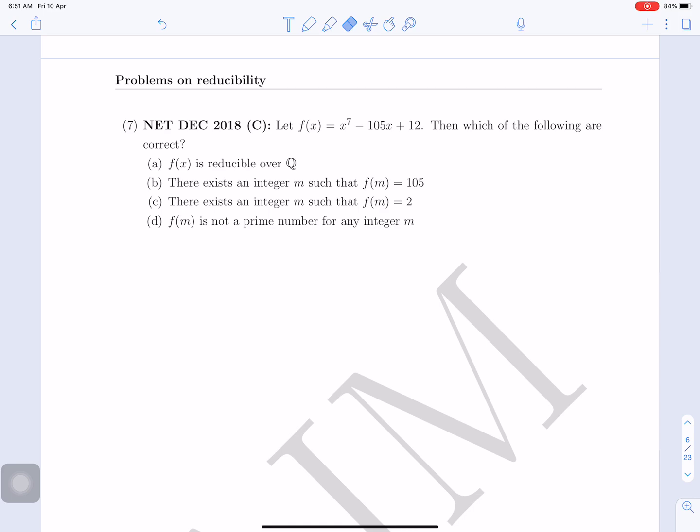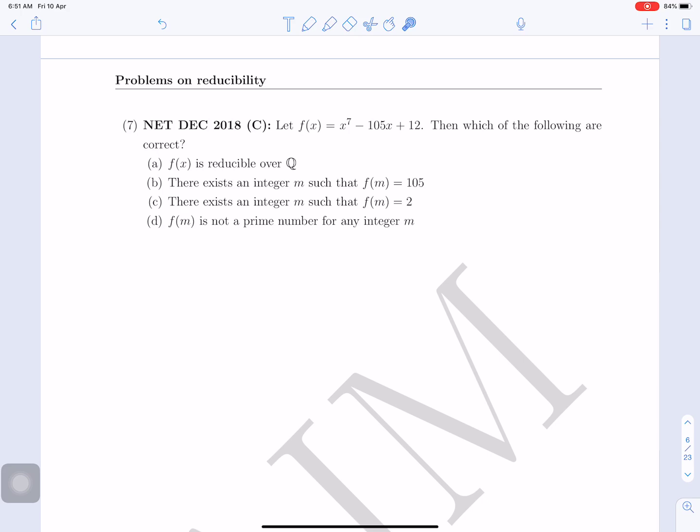Now problem number 7. Problem 7 says, it was asked in December 2018, 4.75 marks, C part. f(x) is equal to x raised to 7 minus 105x plus 12.